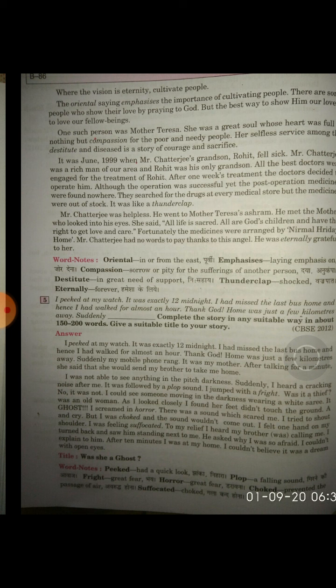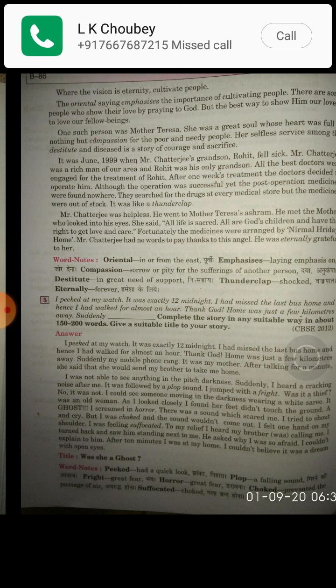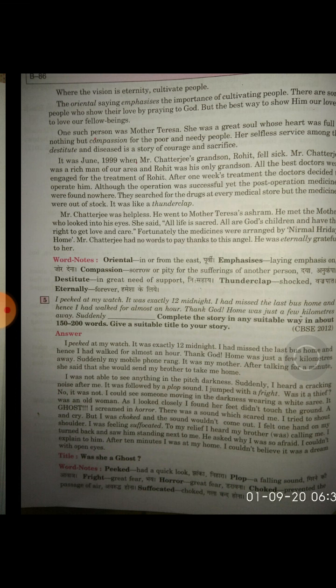Thank God, home was just a few kilometers away. Suddenly... Complete the story in any suitable way in about 150 to 200 words. Give a suitable title to your story.